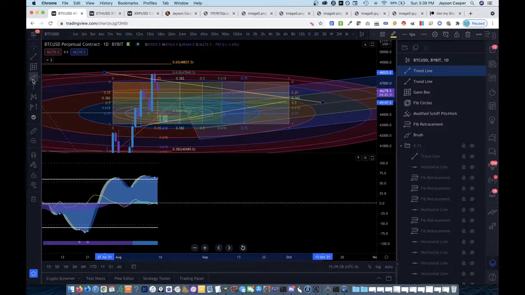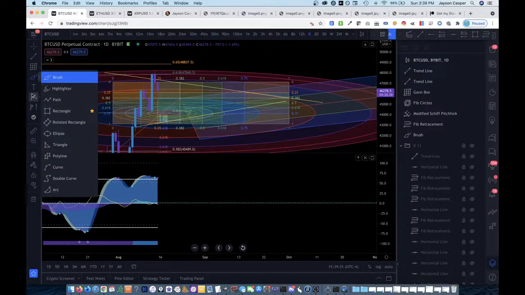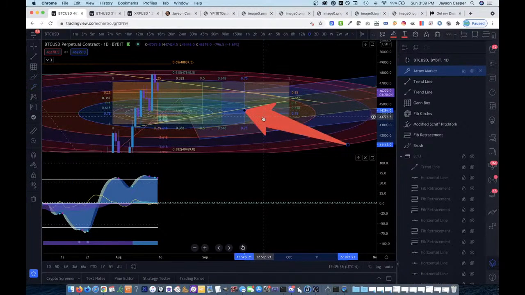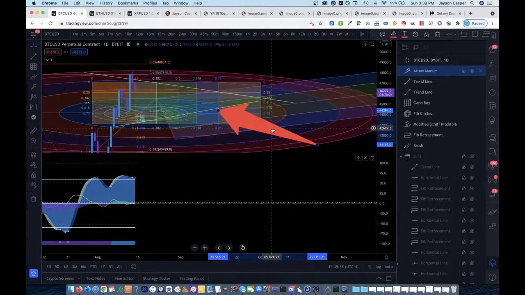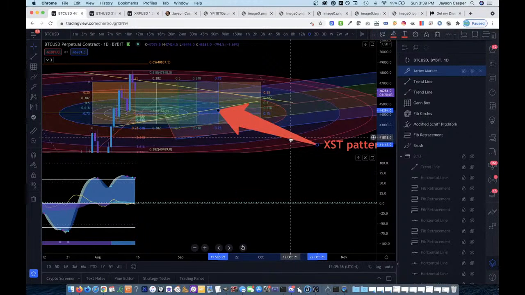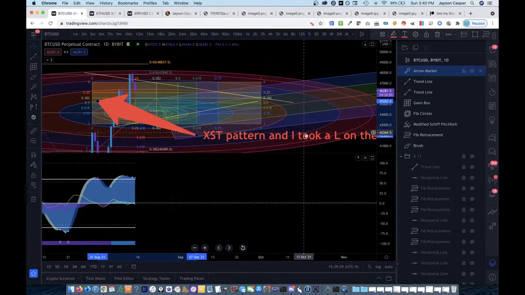And you got some person in some Discord group, and you got all the acronyms and stuff going on, and they're like, this is the perfect XST pattern, and I took an L on the R and the fib. This is what every chart looked like to me before I started trading, when I was first learning. I'd go on Discords and people would be posting their TA, and this is how everything looked to me. You guys remember that when you first started trading?